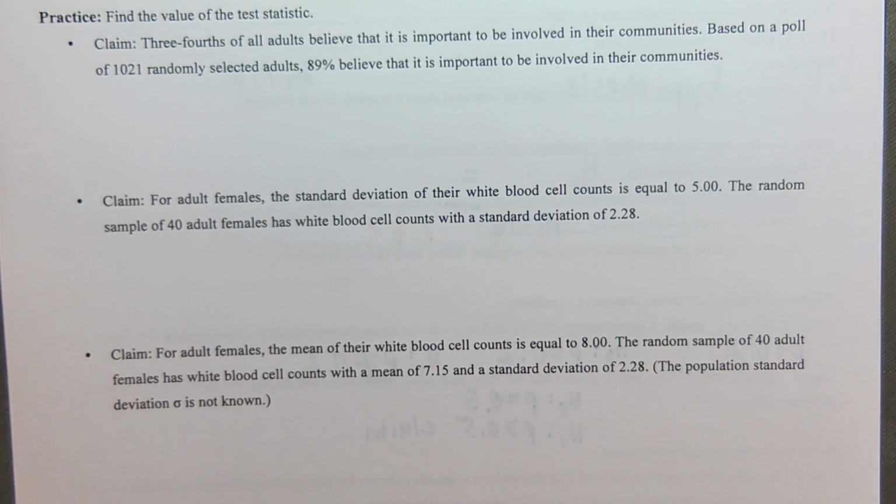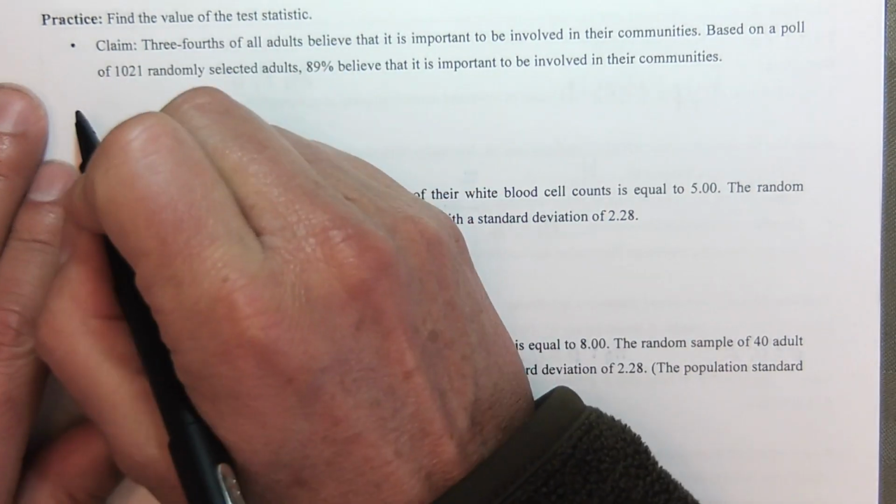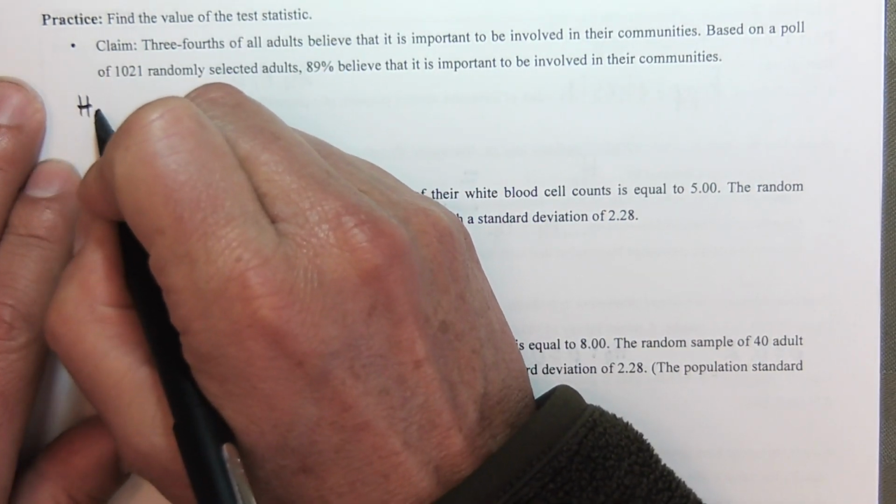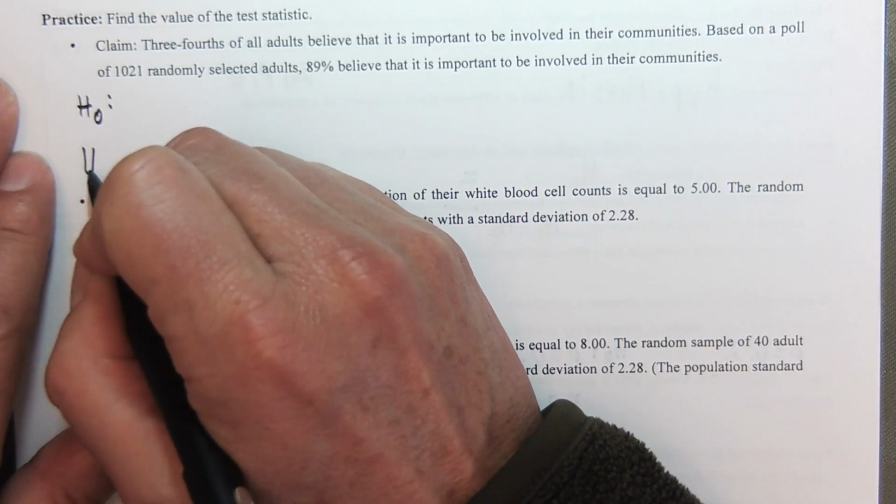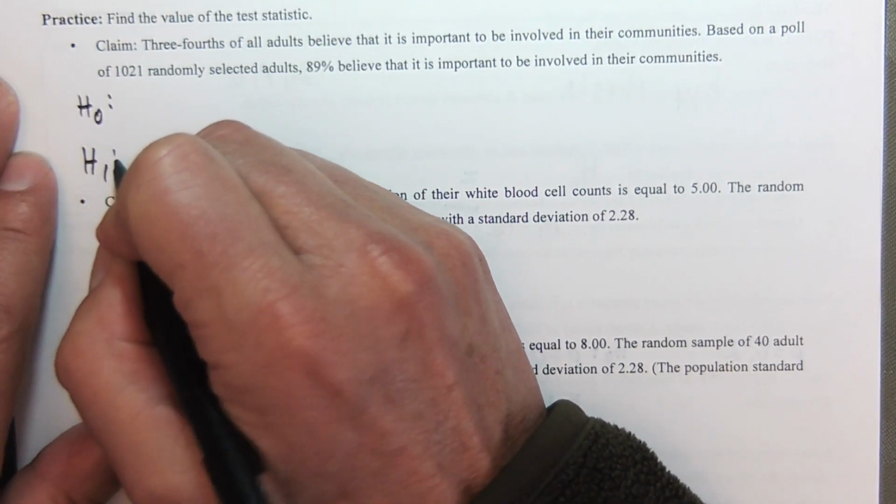And I'm going to go ahead and read this. 3/4 of all adults believe that it is important to be involved in their communities. Based on a poll of 1,021 randomly selected adults, 89% believe that it is important to be involved in their communities. Okay, a couple of things here. We need to first establish our null hypothesis and our alternative hypothesis.